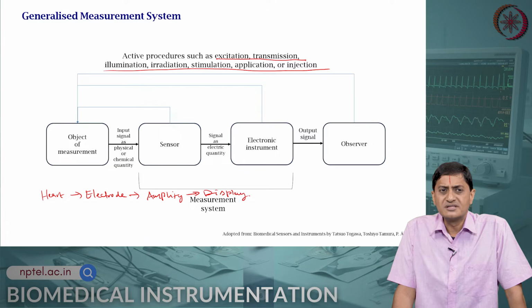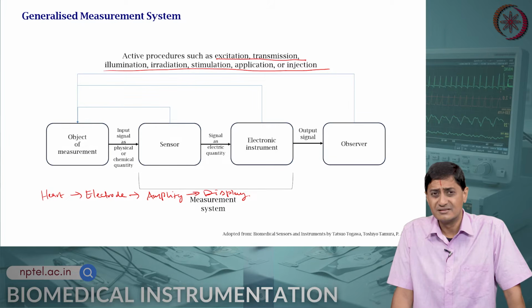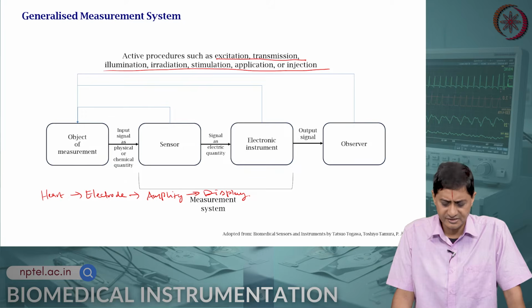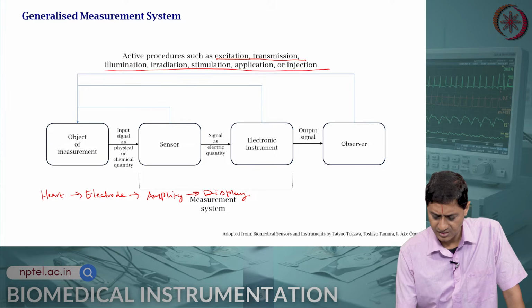So, the input signal is a physical or chemical quantity, in this case an electrical quantity, sensed by sensors, and then the signal is also an electrical quantity. In the case of heart ECG, it is an electrical quantity that is getting sensed, and then there is an electronic instrument that displays it to the observer.